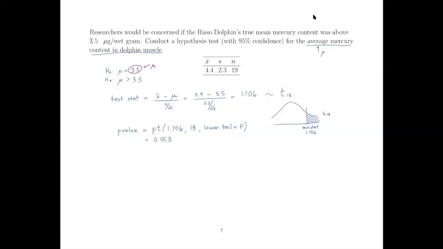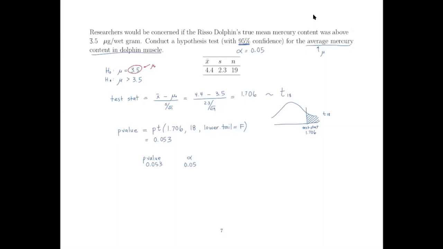Okay, so that's my p-value. Now you always want to take your p-value and compare it to your alpha. My p-value is 0.053, and I'm going to compare that to my alpha. In this case, I wanted to do it with 95% confidence, so alpha would be 1 minus 0.95, which is 0.05.